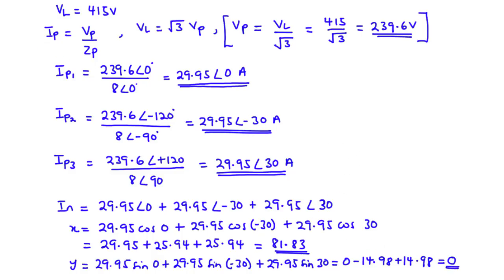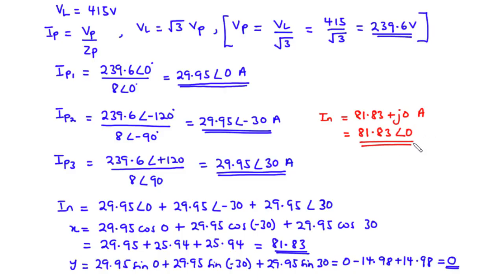Therefore the current in the neutral, that is given by In, in the rectangular form is giving us the x value, or the real value, 81.83 plus J0, and then converting this value to the polar form, that's going to give you 81.83 polar 0.